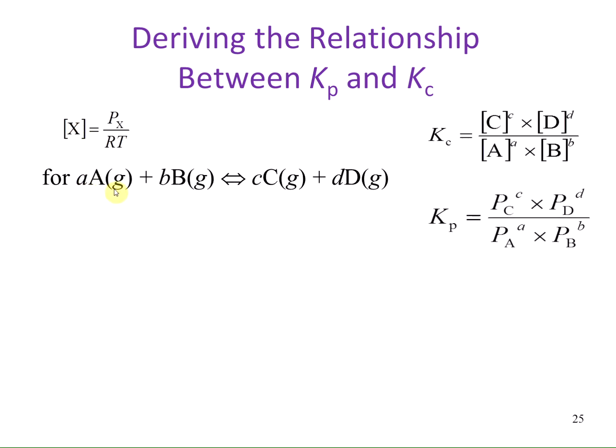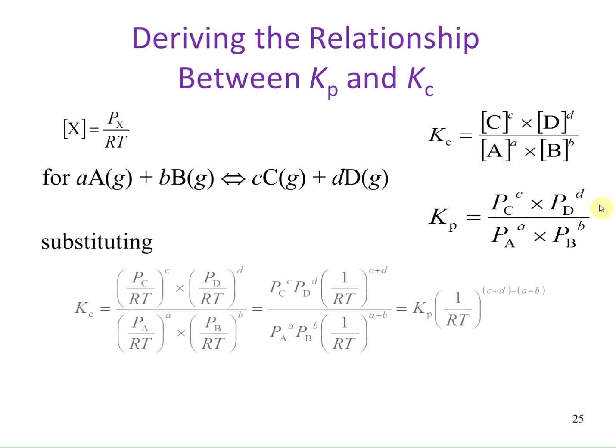For the reaction A plus B goes to form C plus D, we have the equilibrium constant expression. So we've seen this several times where we have the products over the reactants. And I'm also showing the Kp value, so using the pressures of the gases. So again, products over reactants, where P is the partial pressure of component C. So using the Kc value, what we're going to do is substitute in the molarities.